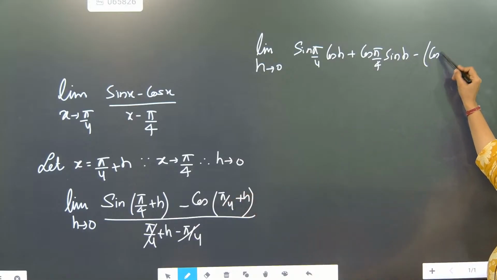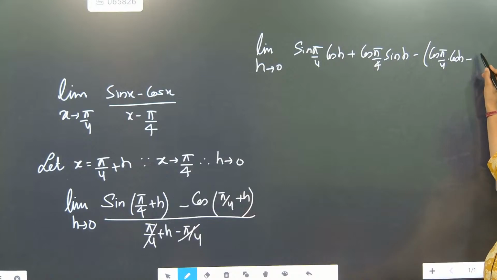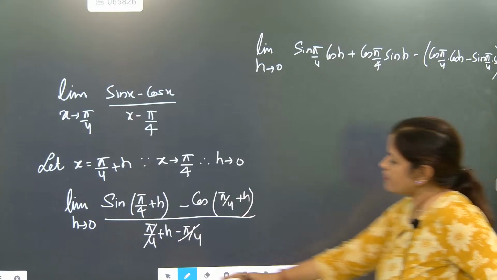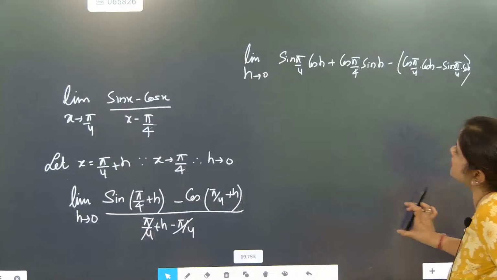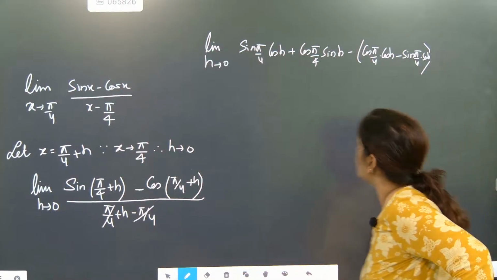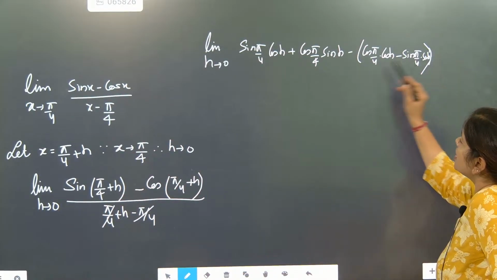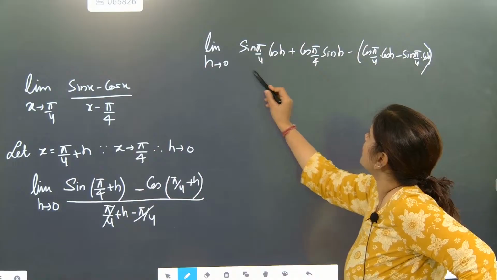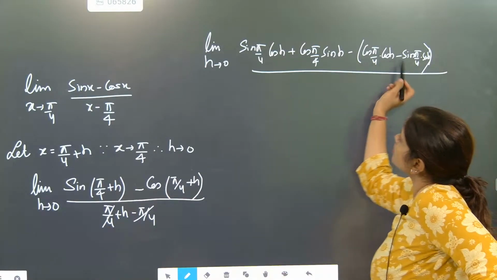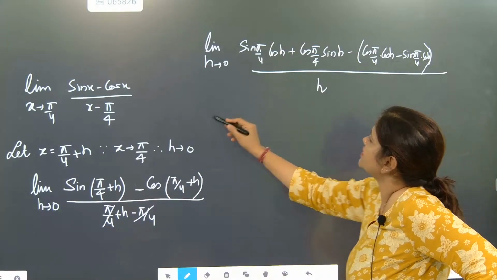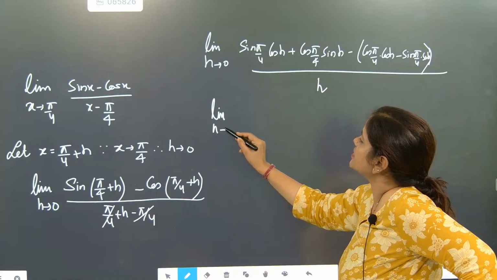So here it will become cos of pi by 4 into cos h minus sine of pi by 4 into sine h. So this is the cos and sine formula: cos a plus b is cos a cos b minus sine a sine b, and down is h, the denominator, limit h tends to 0.